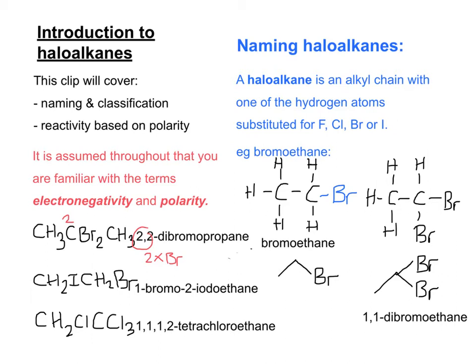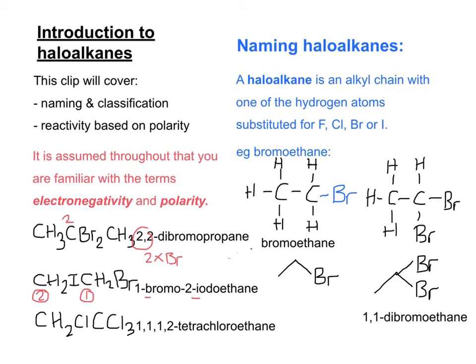In the next one, 1-bromo-2-iodo, this is carbon number 1, and this is carbon number 2, because bromine starts with a B, iodine starts with an I. So alphabetically, bromo will come before iodo, so where the bromine atom is substituted will be carbon number 1 automatically.